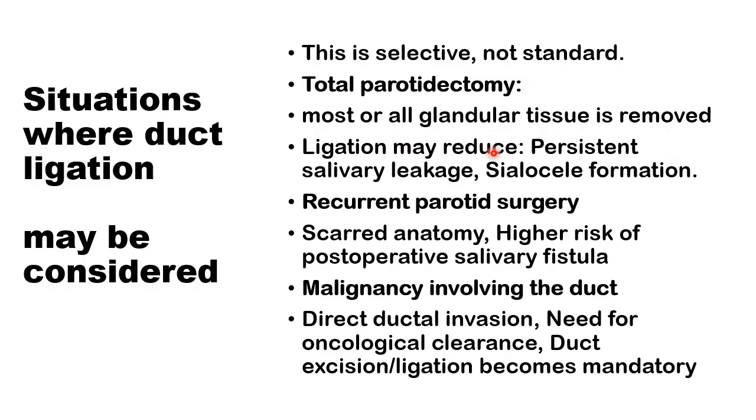Ligation then may reduce any persistent salivary leakage and sialocele formation. It may also be considered in recurrent parotid surgery because of the scarred anatomy and the higher risk of postoperative salivary fistula. And also it should be considered when malignancy involves the duct or is near the duct, when direct duct invasion can be an issue. There may be a need for oncological clearance, and duct excision or ligation then becomes necessary.